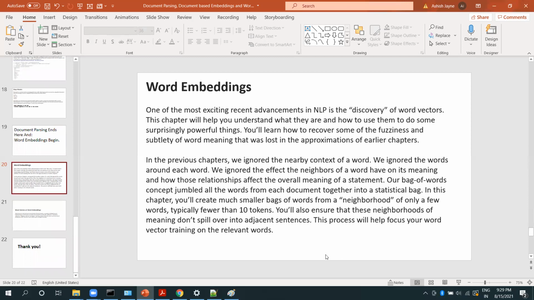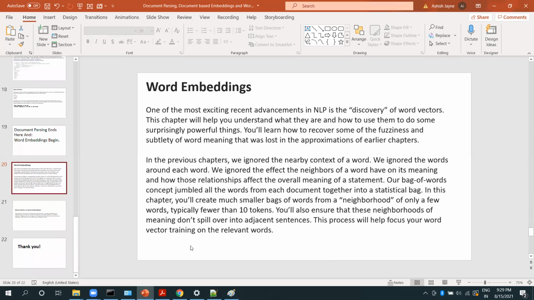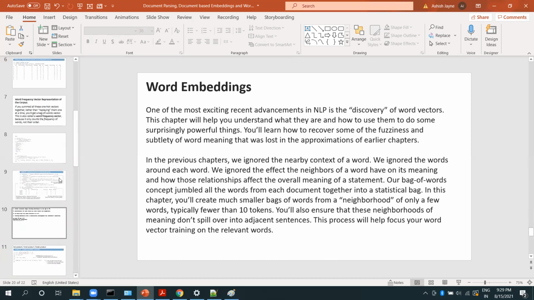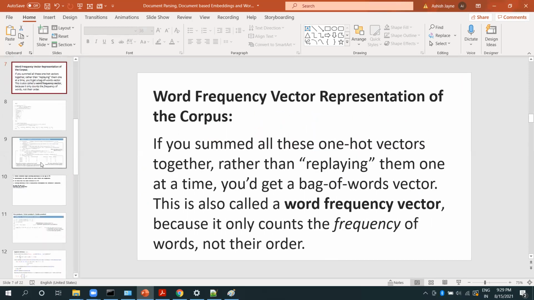Now, there are some word embeddings which are local, some are global. When we talk of local word embeddings, what we saw over here, if we have some kind of text, the embedding for Jefferson is 0, 1 and all zeros in the one hot vector representation.